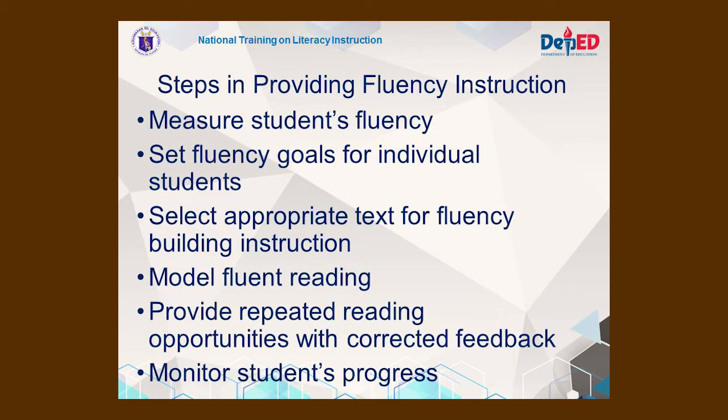For instructional level, words are difficult, 90% to 95% accuracy, and challenging but manageable text for the reader. And for frustration level, less than 90% accuracy and difficult text for the reader. Yung talagang text na binasa niya ay talagang hirap po siya.